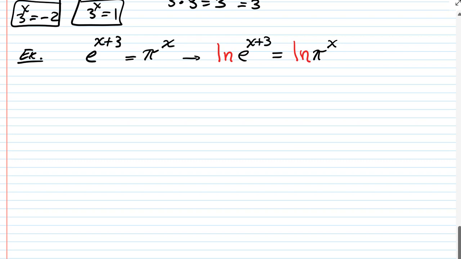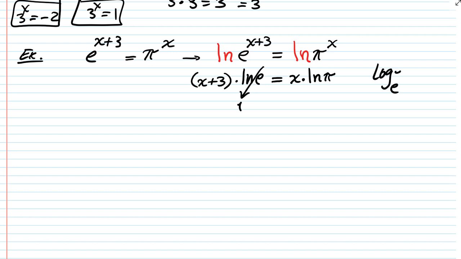Now, ln of e to the x plus 3, that's just x plus 3. The exponent moves in front of a log, right? And times ln of e. Similarly, x moves in front of a log, x ln of pi. Ln of e is 1, because that is log base e of e, which is 1.